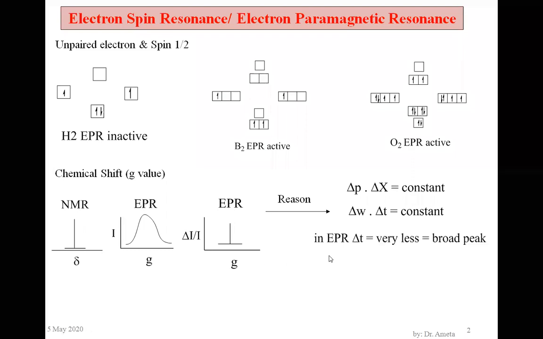In EPR, delta T is very less, that's why a broad peak. So this is the reason behind the broad peak and sharp peak in case of NMR spectra and EPR spectra.